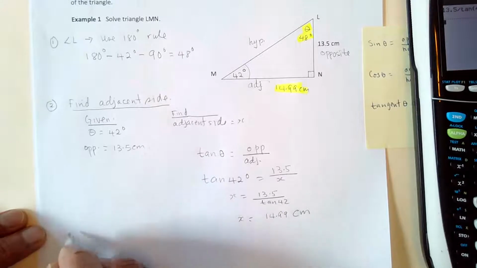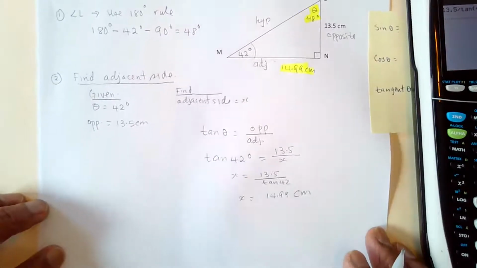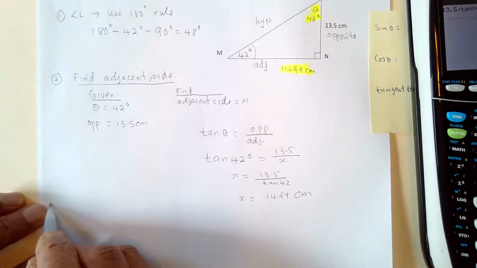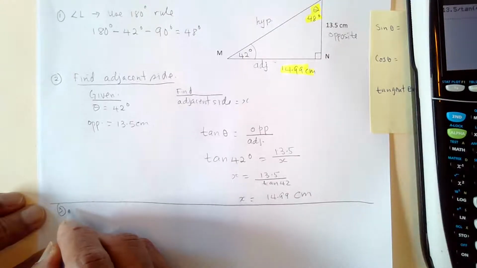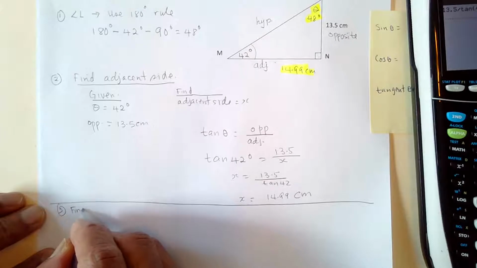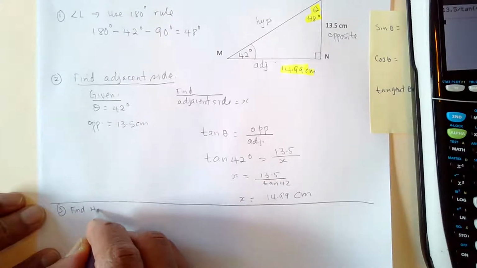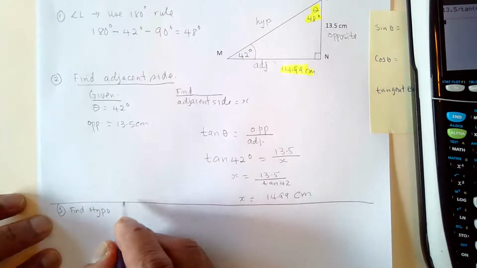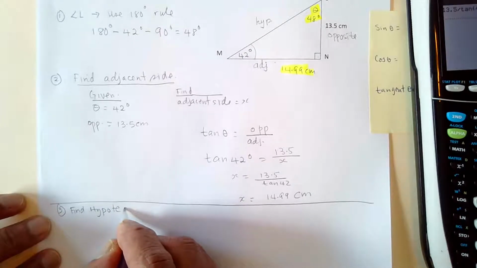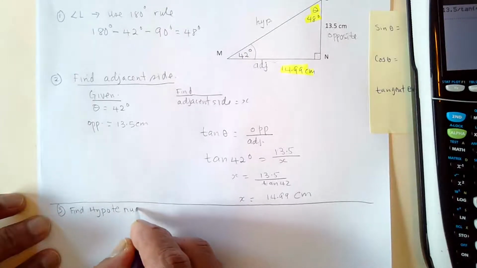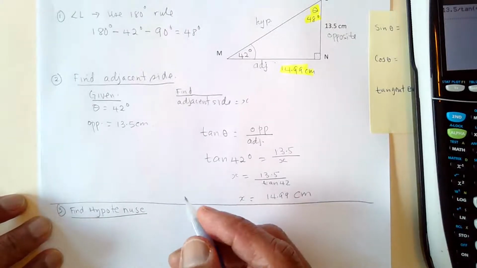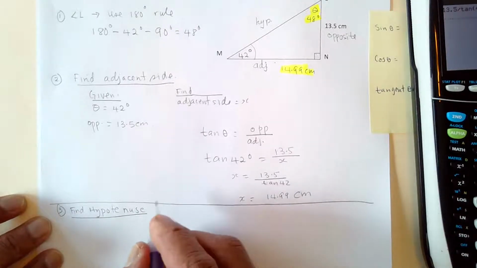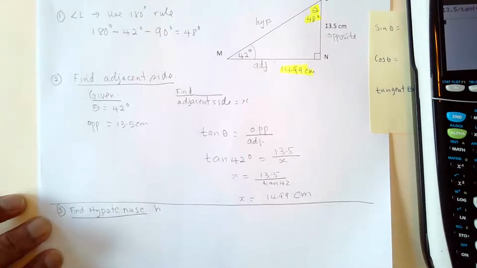So part 3, step in here now. Let's put a line across here. We're going to find the hypotenuse. And let's call that h, because we don't want to confuse it with x.